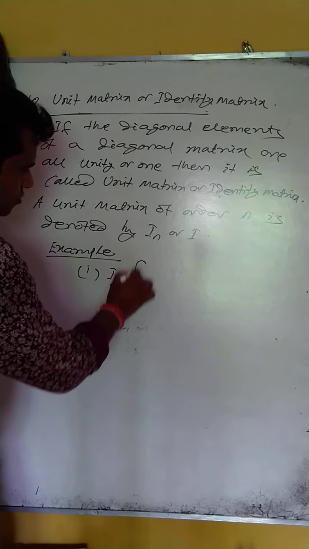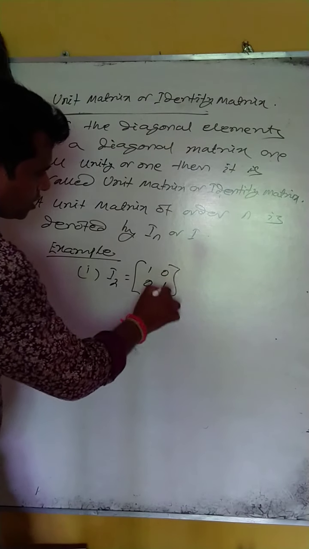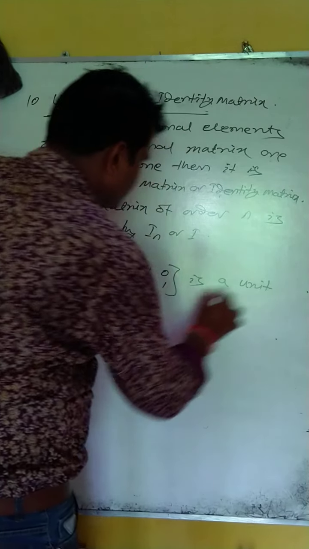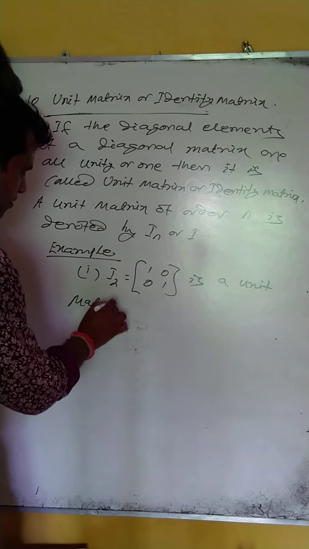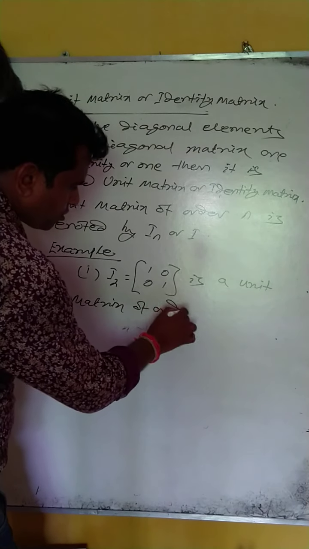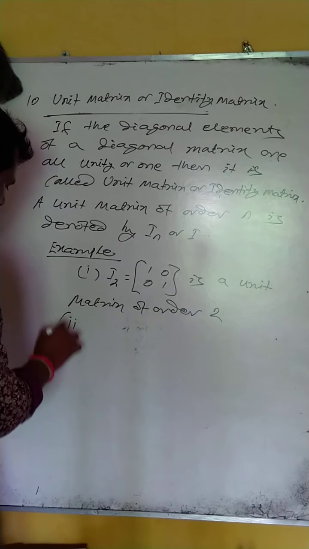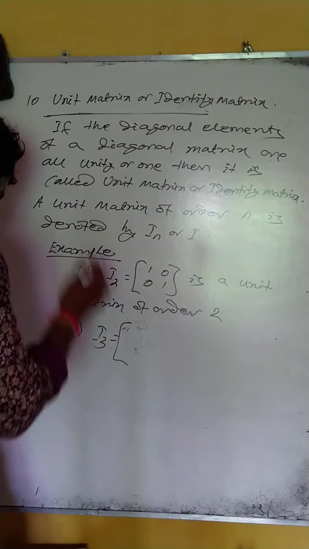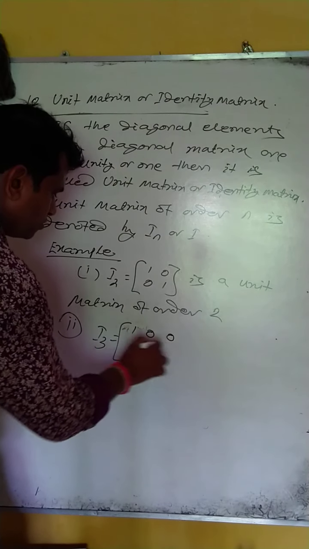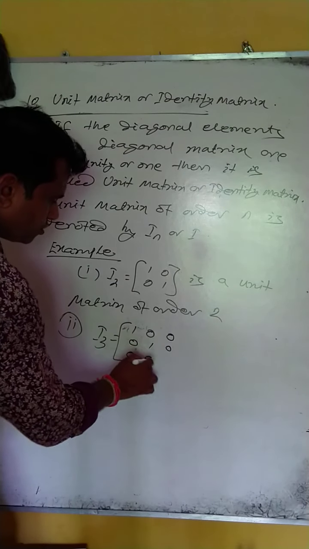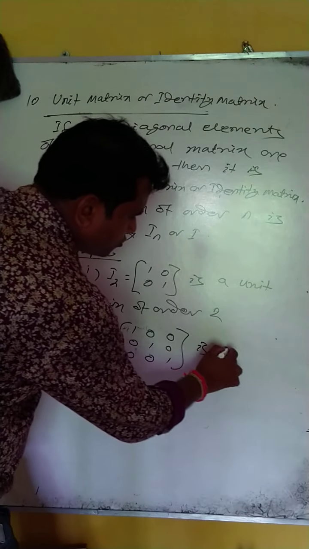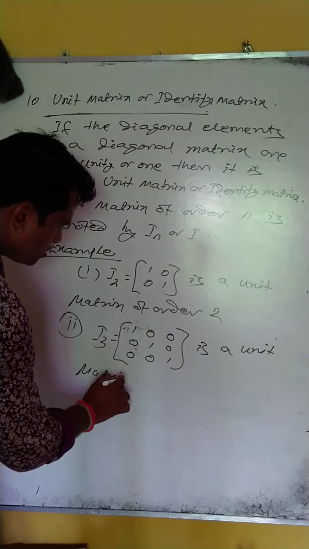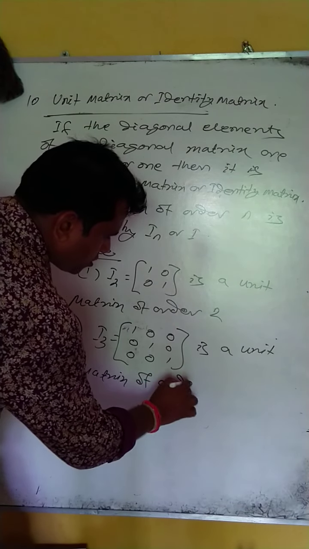I2 is 1 0 0 1, a unit matrix of order 2. Similarly, I3 is equal to 1 0 0 0 1 0 0 0 1, a unit matrix of order 3.